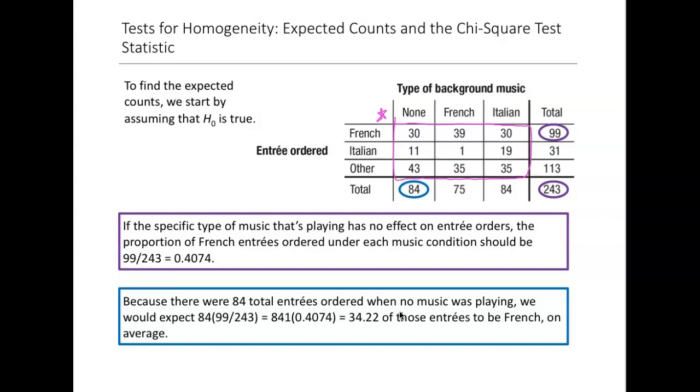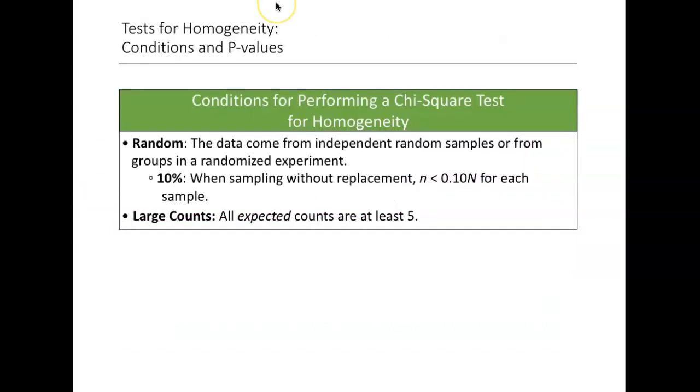I'll give you a second for that. This one's a little bit backwards, because we're actually going to run the test in our calculator in order to get the expected counts. We're going to copy the expected counts matrix down, and then we'll go back and run the test a second time and actually interpret the results once we've verified all our conditions for the test.